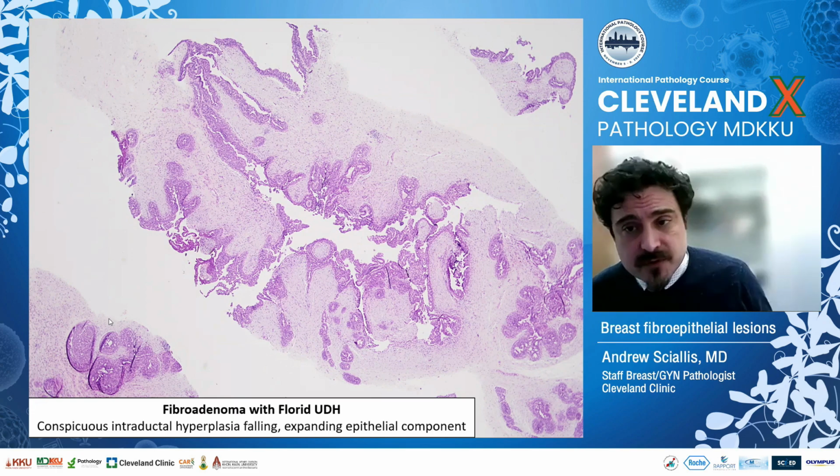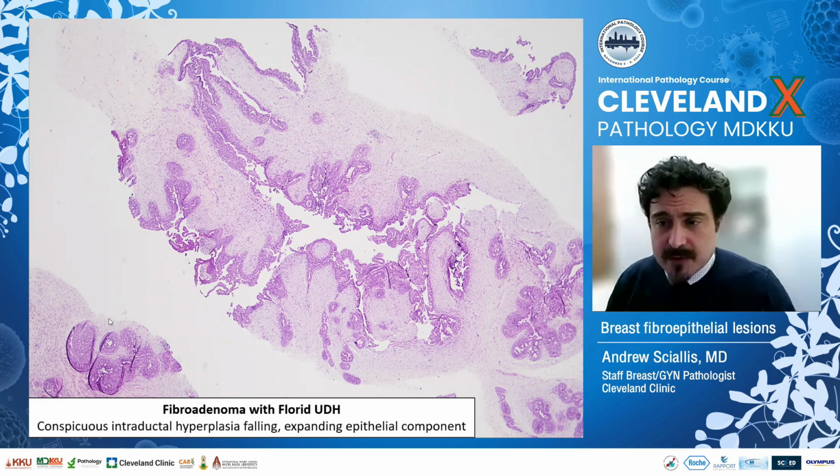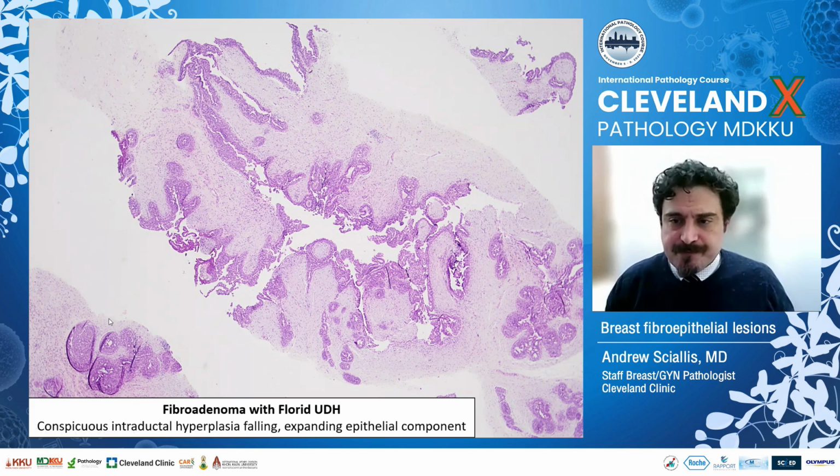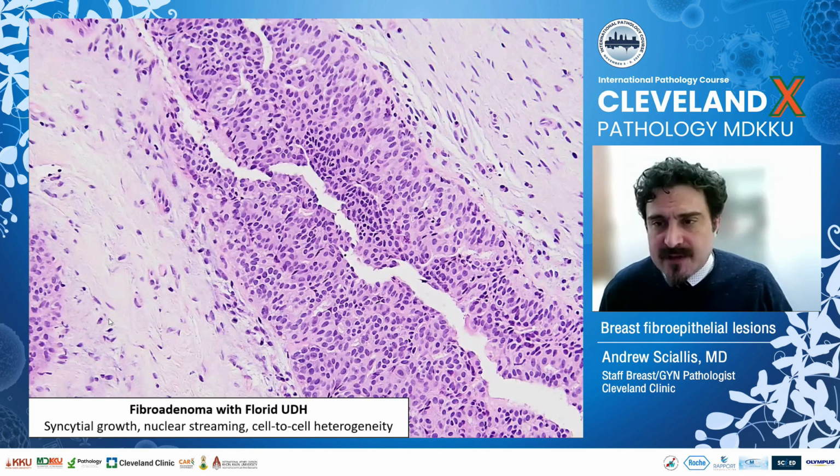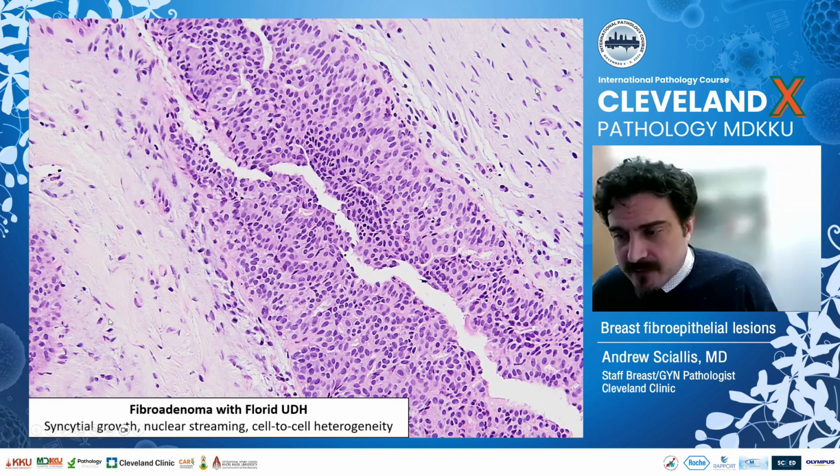But there are examples of usual ductal hyperplasia, florid examples, in which the epithelial component is very prominent and tends to push apart or expand the stromal zones. Here we have this nice syncytial growth pattern, meaning it's very difficult for me to tell where one cell ends and one cell begins.